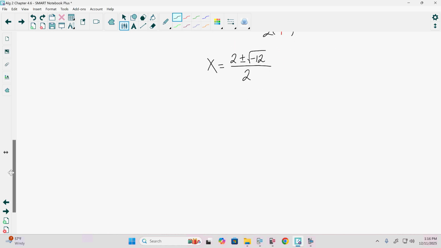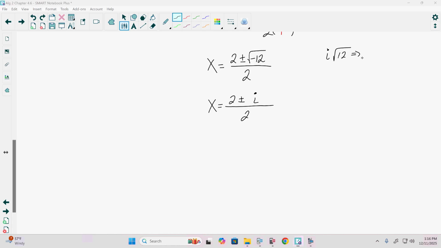Now, the TI-30XS will simplify most radicals for us. It just will not simplify negatives. It will not take the square root of negative 12. However, we do know that that negative is going to have to come out as i. So really what we're doing is not looking at square root of negative 12, but more looking at i square roots of 12.